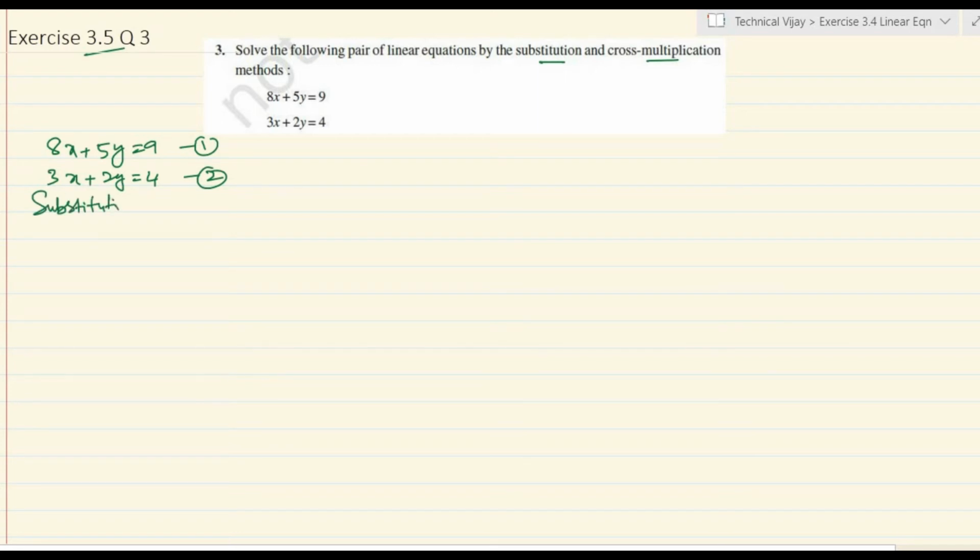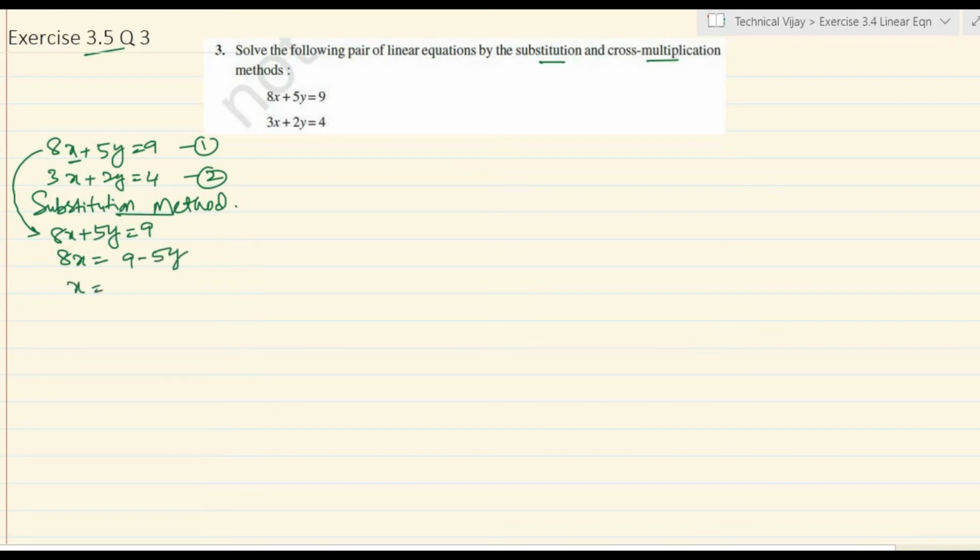Substitution method. In this method, we will substitute one of the variables in another equation so that we will get both the variables. So consider equation number 1. So here 8x plus 5y is equal to 9. So 8x is equal to 9 minus 5y.